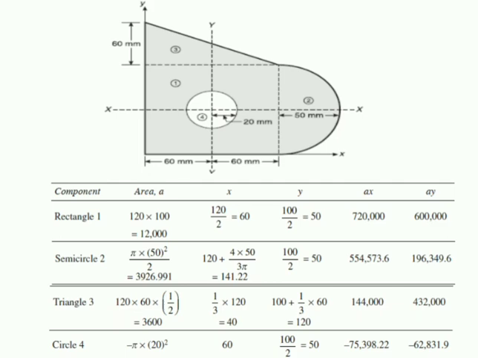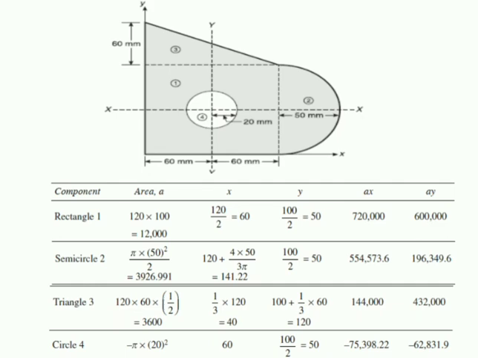So for the last figure, which is the circle, the area will be taken as negative because it is a cutout section. So area will be minus pi r square. Now x for this will be directly 60 because it is symmetrical. You can see that 60 distance comes exactly at the center of the circle, and y will be directly, you can take it as 50. Because again you see that the center of the circle matches the center of the diameter of the semicircle, which is at a height of 50.